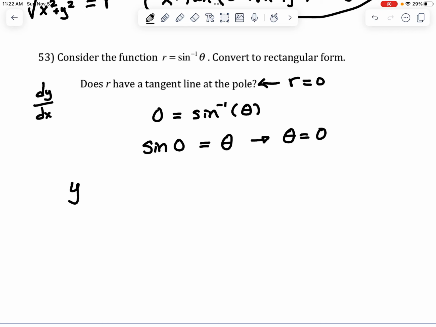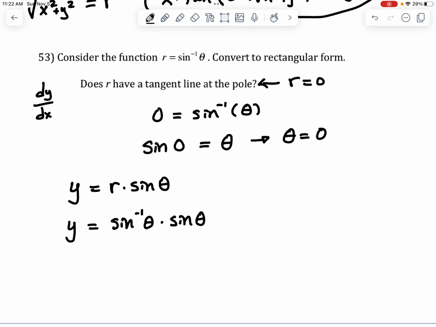In order for that, I need to know what y is. So y is equal to r sine theta at all times. And in this case, it means that y is going to be the r, which is sine inverse of theta, times sine of theta.